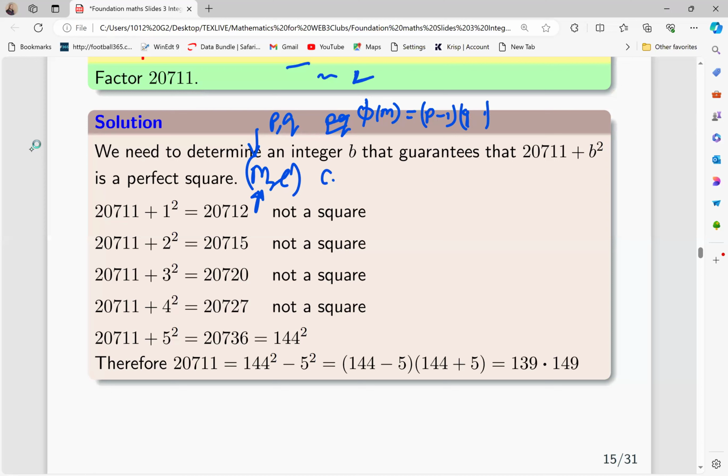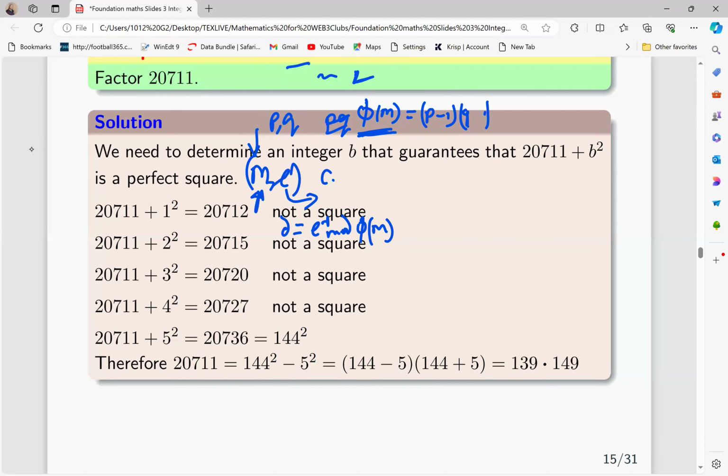And Euler phi of M is very important because this Euler phi together with E are the ones which will help us to get the decrypting key, which is of course the inverse of E mod Euler phi of M. So that is why Euler phi of M is very important.